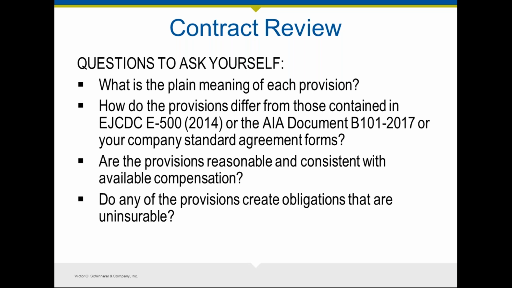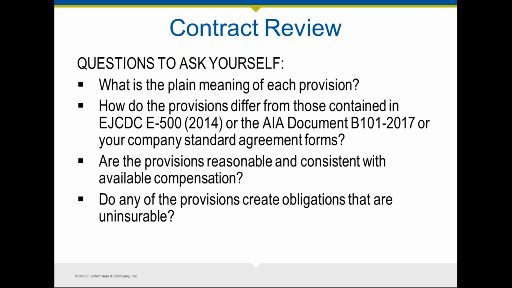And as architects and engineers, your obligation as you run your firm is to understand what these contracts really mean. And beyond understanding it, you need to be able to compare it to something else, something that is reasonable.